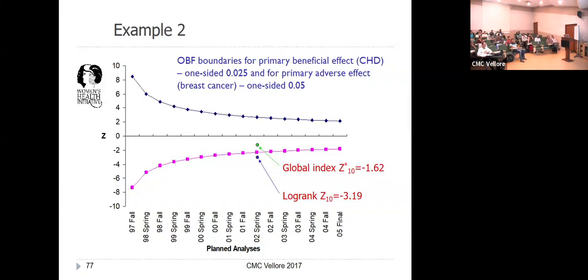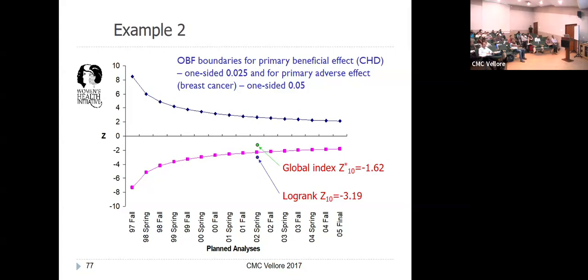Because they're not interested in harm on the other side. They're not interested in benefit on this side. So they did one for efficacy, they did one-sided 0.025, which is equivalent to two-sided, but they are not interested in looking at it.